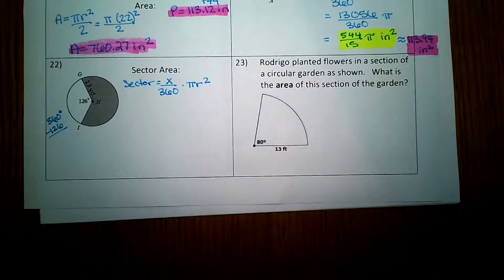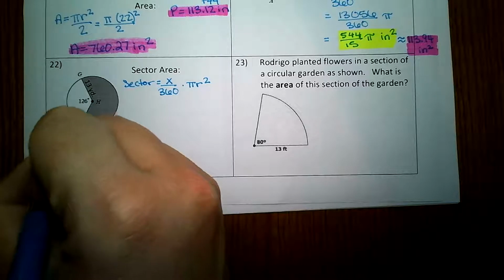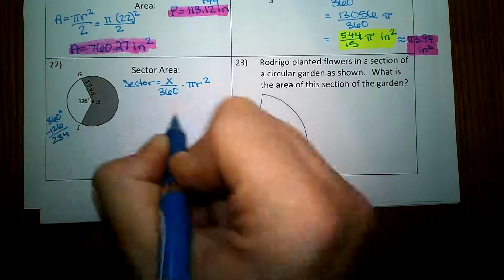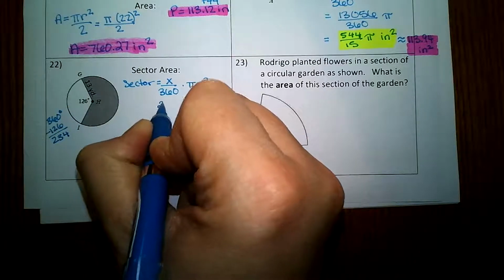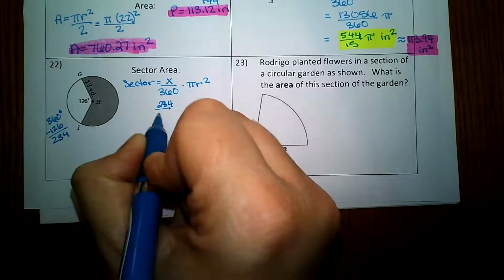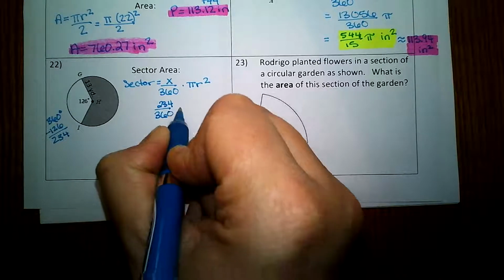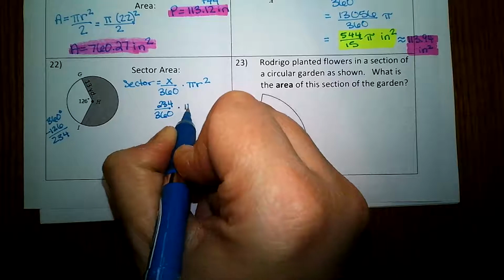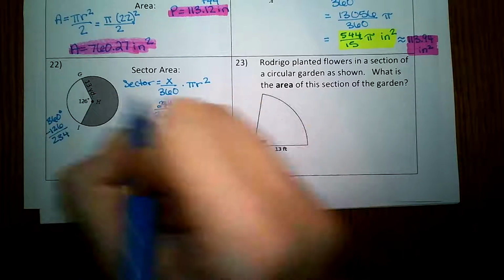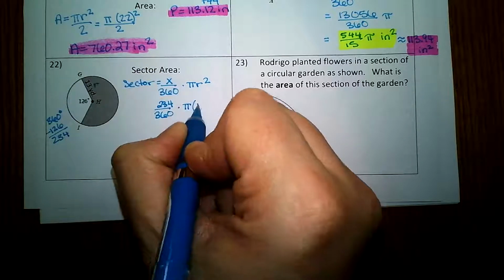So if I do a subtraction there, that would leave me with 234 for the gray zone. So I'm going to use 234 as my degree out of 360 times pi times the radius, which is listed as 13 squared.